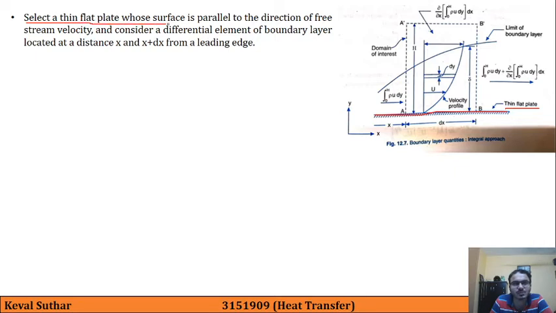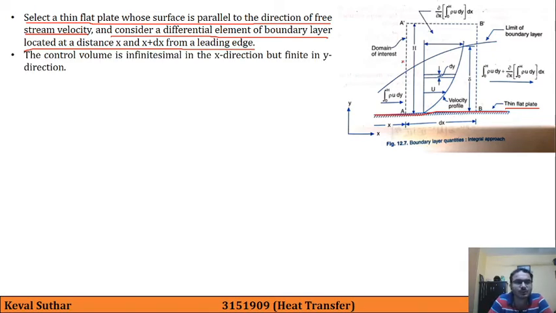Select a flat plate whose surface is parallel to the direction of the free stream velocity. Consider a differential element of the boundary layer located at distance x and x plus delta x from the leading edge. So we are focusing here. This control volume is infinitesimal in the x direction, but it is finite in the y direction.